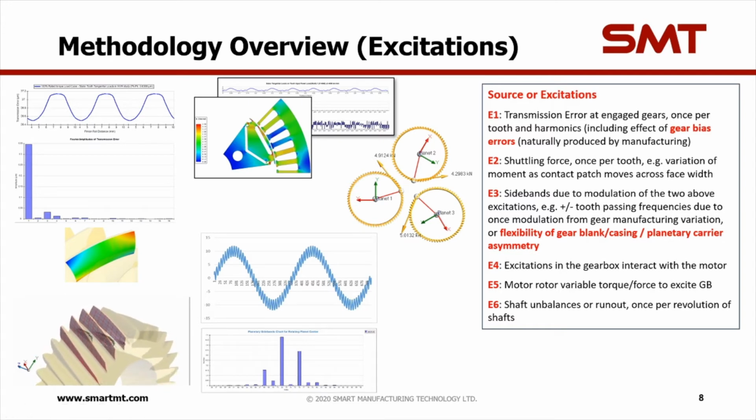The advantage of MASTA is that you can also look the other way. You can look at how the gearbox excitations propagate through the motor system. And then finally you can look at once per revolution excitations due to unbalance or run out of shafts.